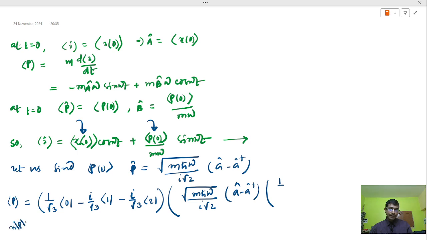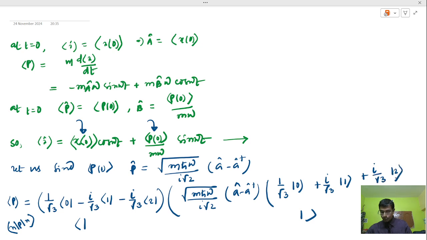Basically one is the bra form and another is the ket form. The Dirac notation is used here: 1 by root 3 ket 0, i by root 3 ket 1, plus i by root 3 ket 2, and this is our main.